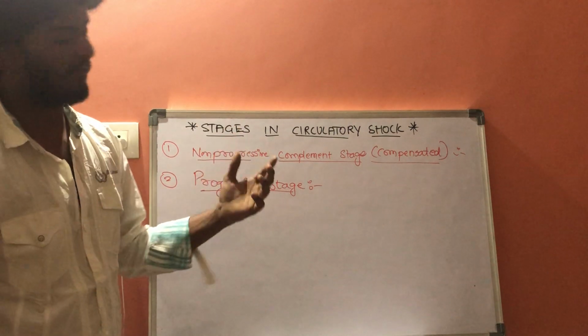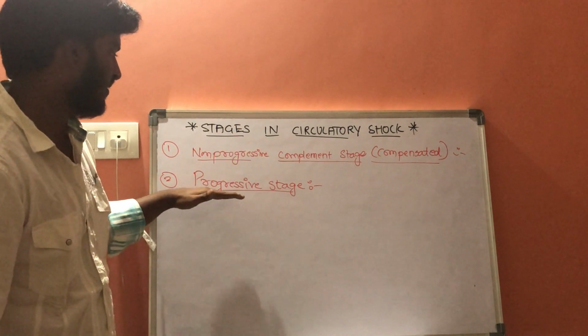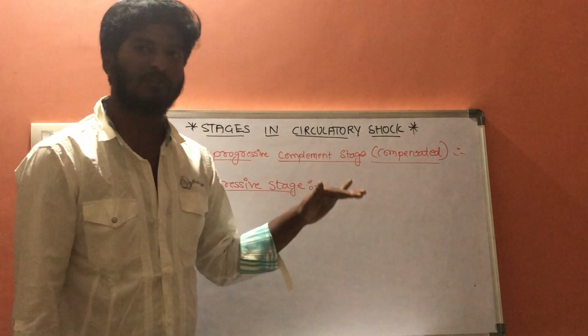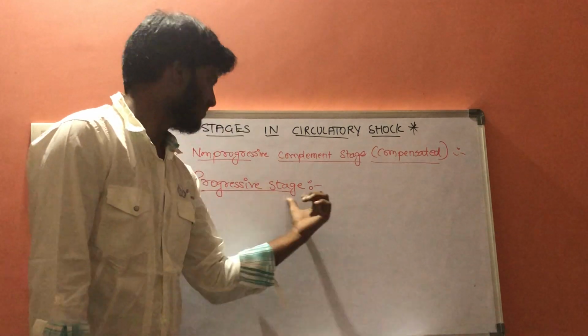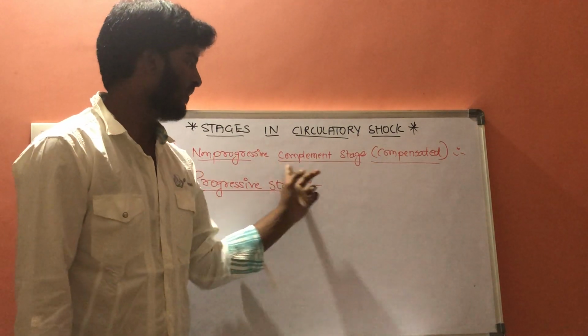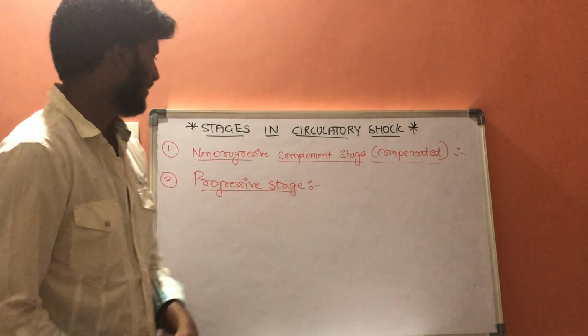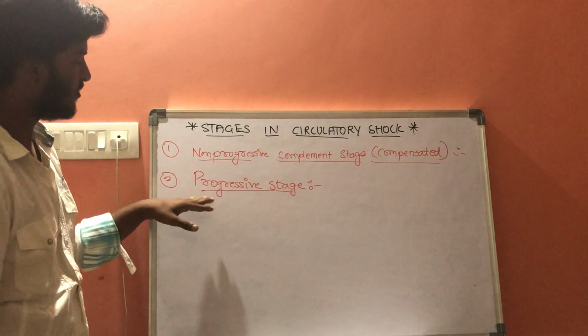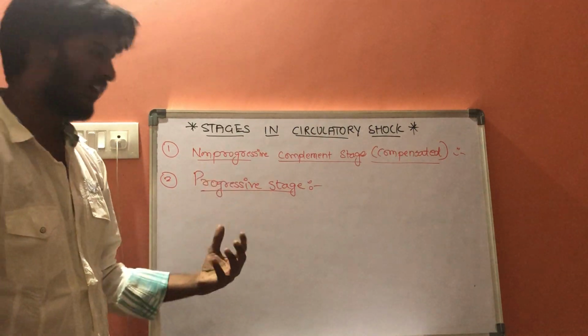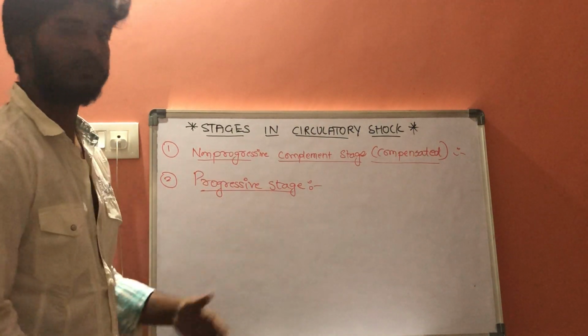If a person in this stage is taken to the hospital, the person can live. But if the person fails in this progressive stage, he may come to the third stage.